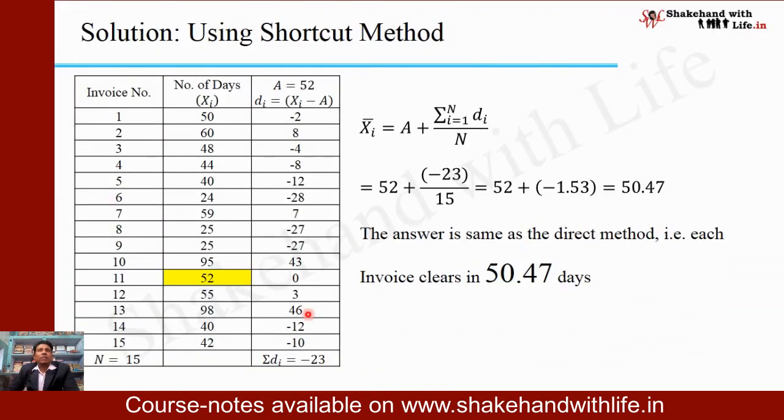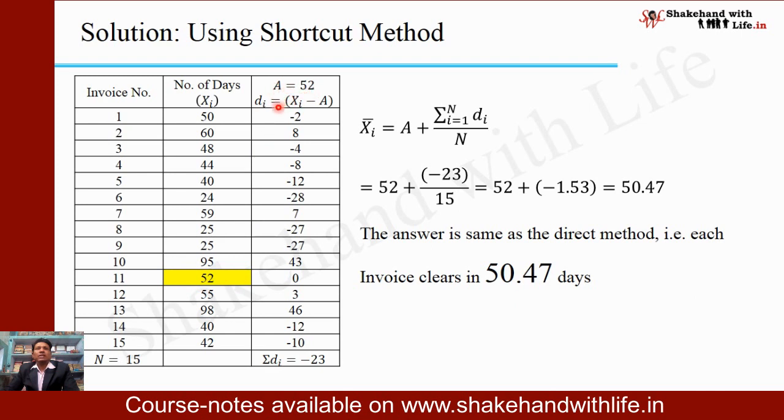Now the same problem, where you need to calculate the average number of days for each invoice to clear. In the first column, invoice number, and in the second column, number of days xi. In the third column, you need to choose an assumed mean, and here the assumed mean is 52, so a is equal to 52.